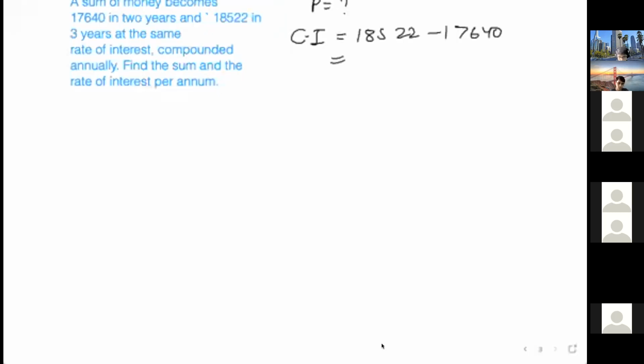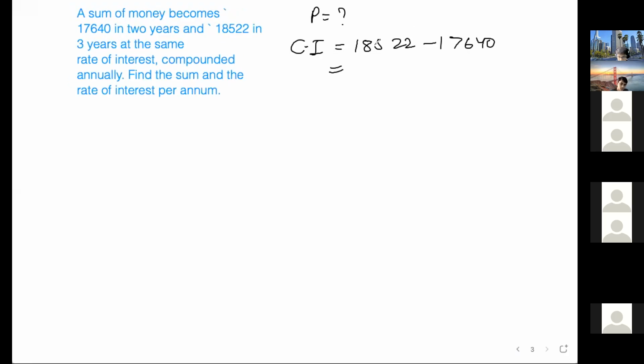Anyone calculated? Please calculate how much time it takes. 2 from 2 is done. 882. Yes, rupees 882. So this is compound interest.